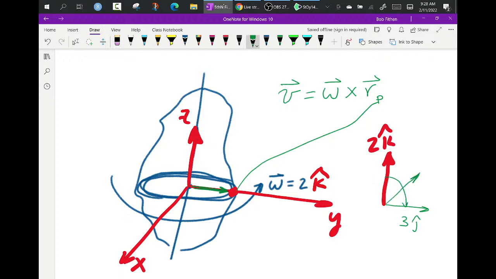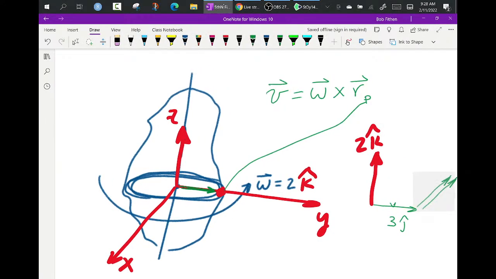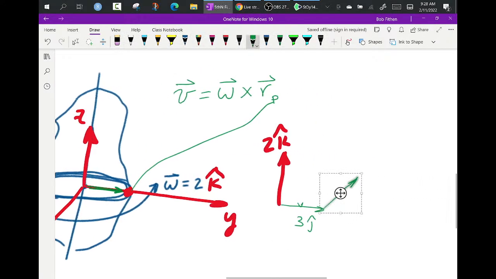That's the direction of the cross product. This velocity is going to be omega, which is 2k, crossed with 3j.